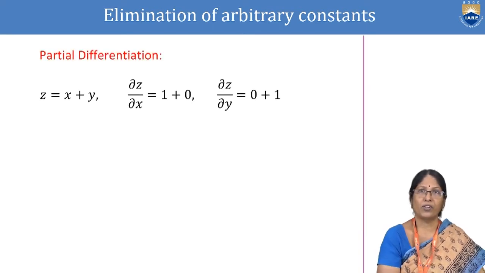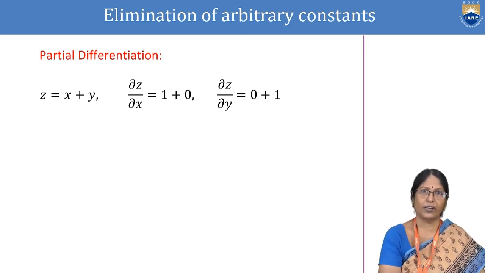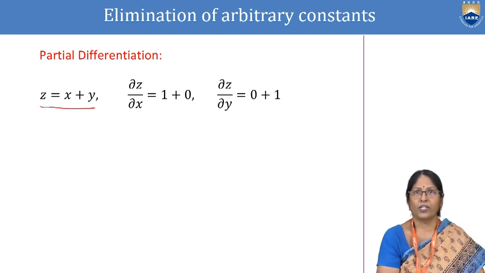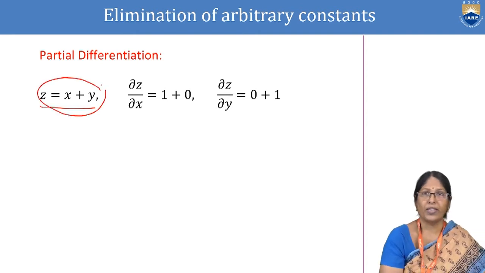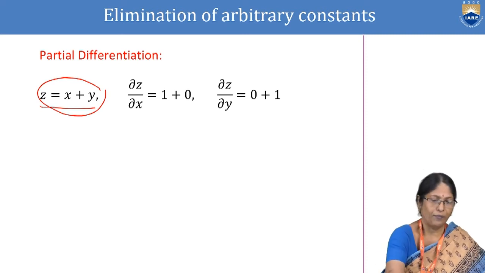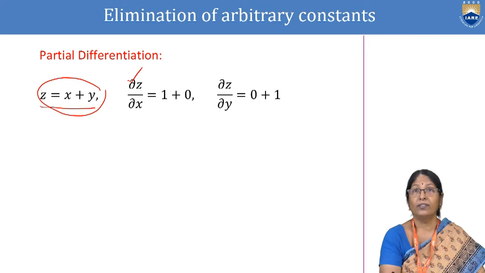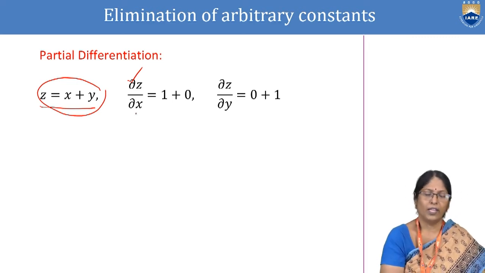How to do partial differentiation? Some basic examples are kept here. Suppose z equals x plus y. We want to differentiate this partially with respect to x. If ∂ is playing a role, it compulsorily indicates partial differentiation. So ∂z/∂x.